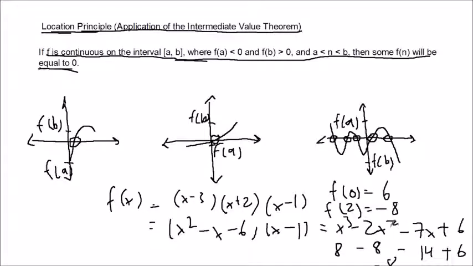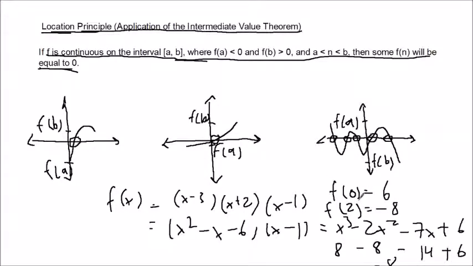So this theorem basically says that since f of 0 is 6 and f of 2 is negative 8, there has to be something in the middle of 0 and 2 that is equal to 0, and in this case it's 1.